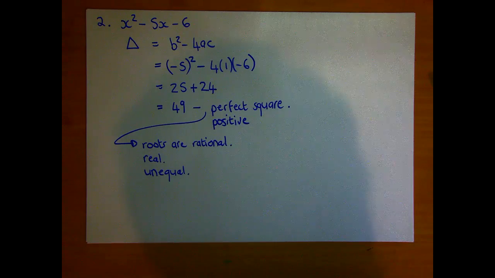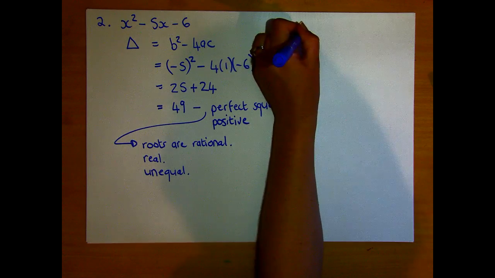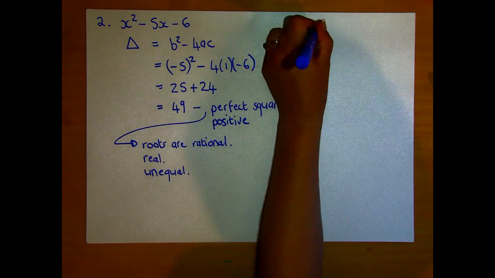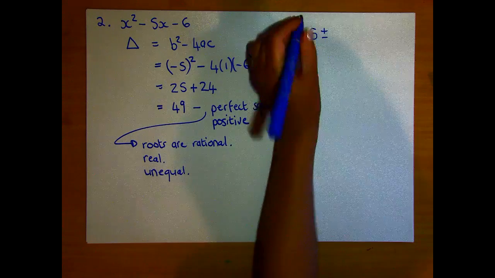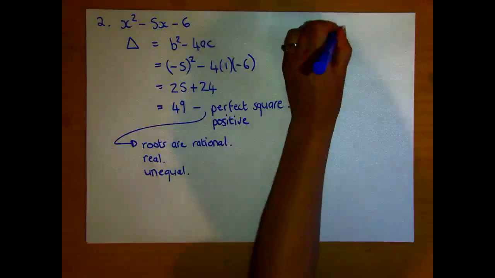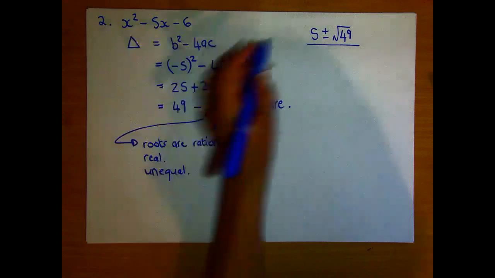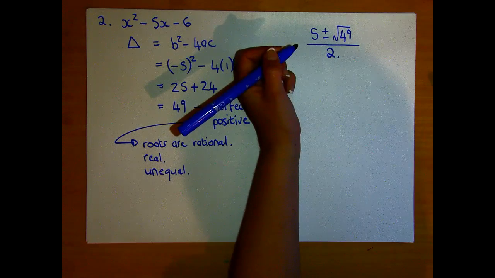Okay, then just to deepen your understanding again, if we had put that into the quadratic formula, we've got negative b, so 5, plus or minus the square root of b squared minus 4ac, which is this, so I'm just going to put root 49 in there, all over 2a, a is 1, so that would have been our answer.